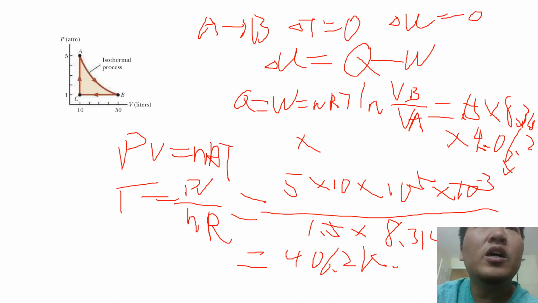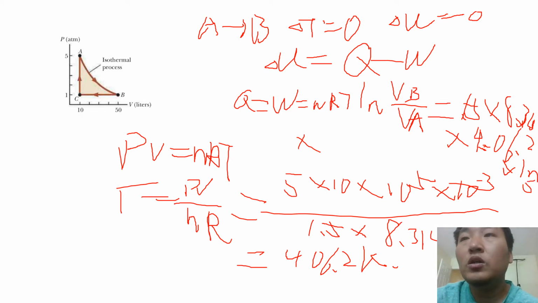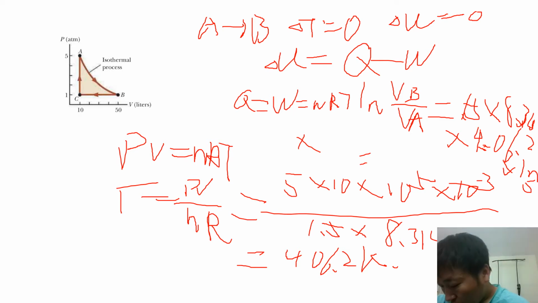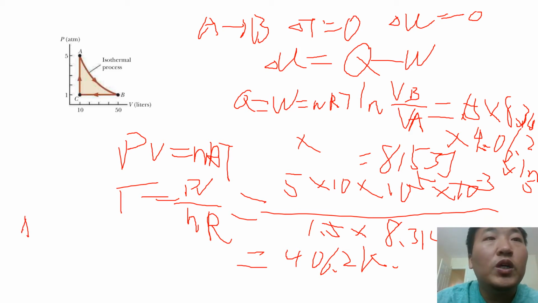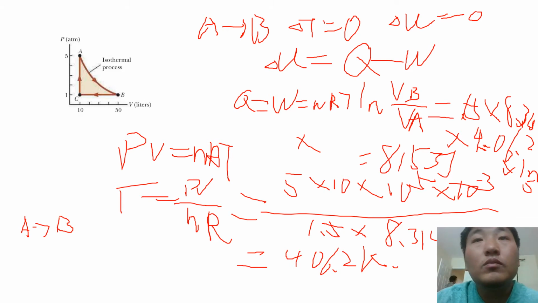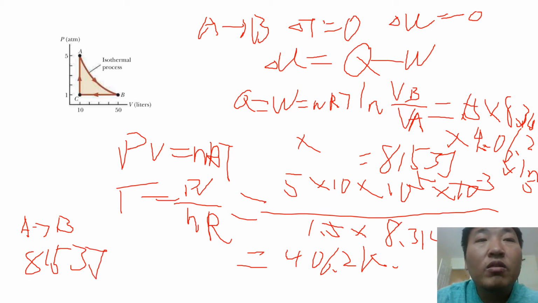Because it's given by the figure, we can notice that the ratio is around 1.6 (ln 5 is around 1.6), so we can approximately calculate this as around 8,153 joules. Because the work done equals the heat transfer, for the A to B process the work done is 8,153 joules, and the heat transfer is also the same, 8,153 joules.